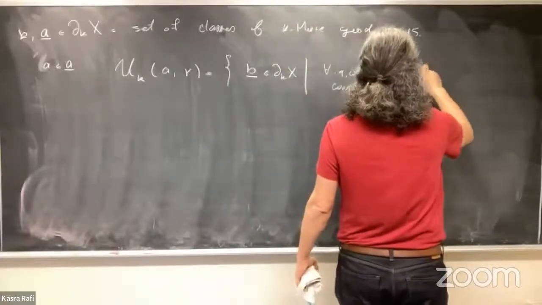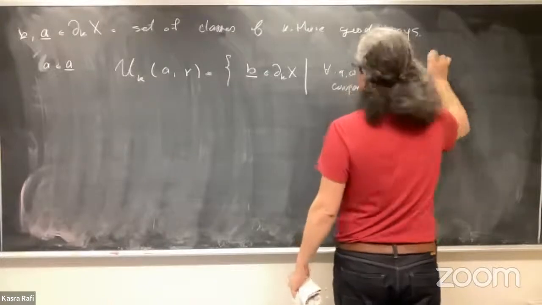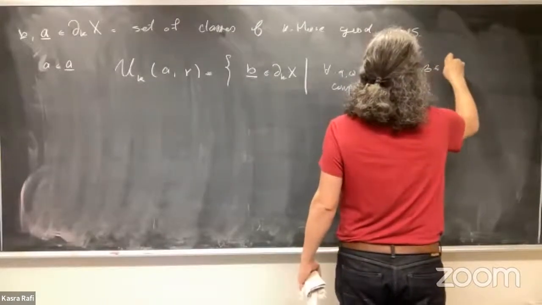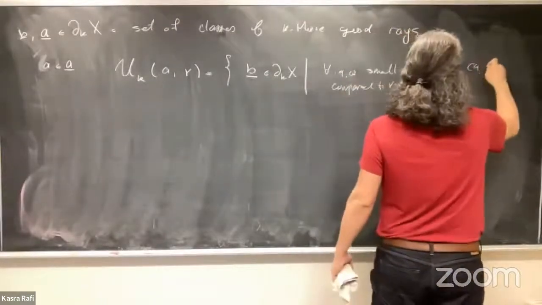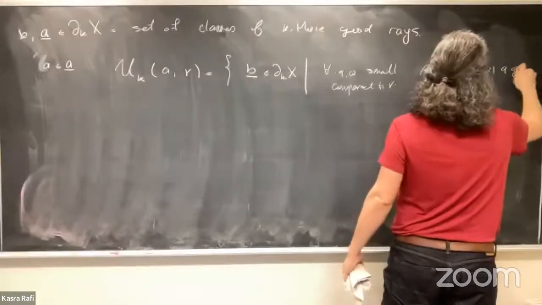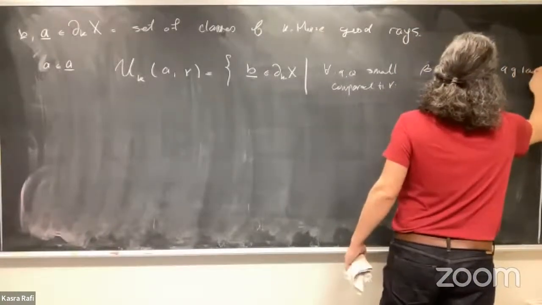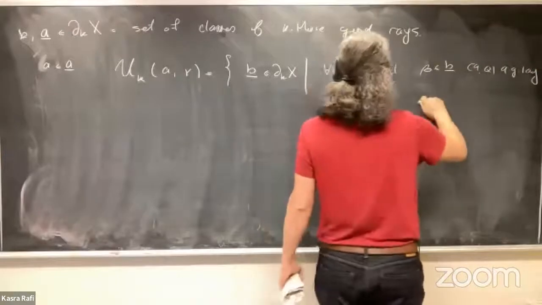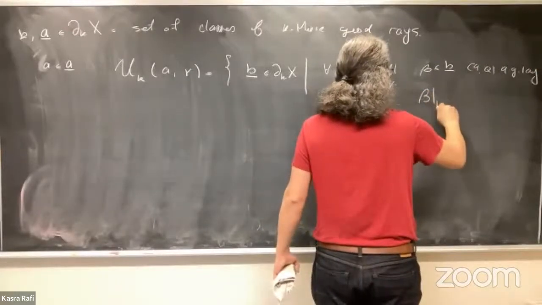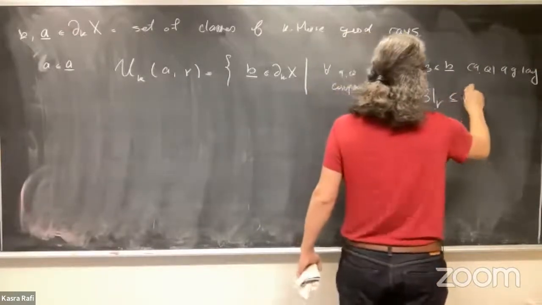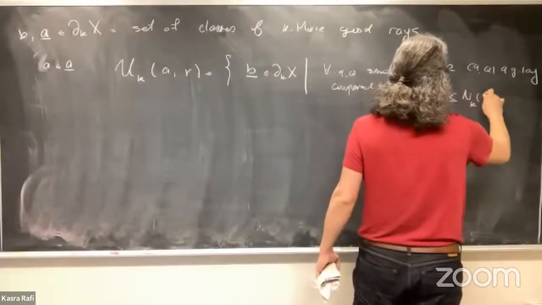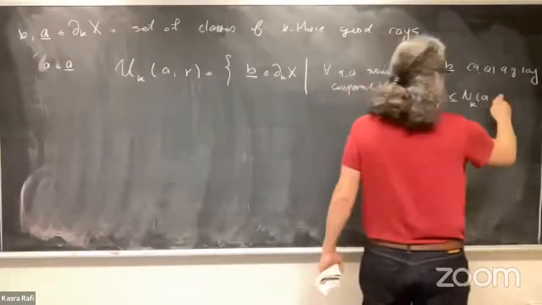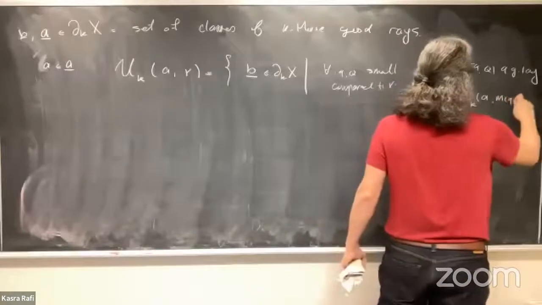So what I want is, for every beta in B, which is a QQ quasi-geodesic ray, right? I want the restriction of beta to R to be contained in the kappa neighborhood of this A, with the Morse gauge that depends.